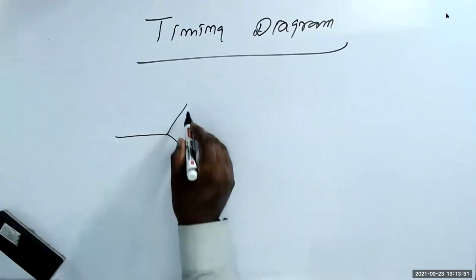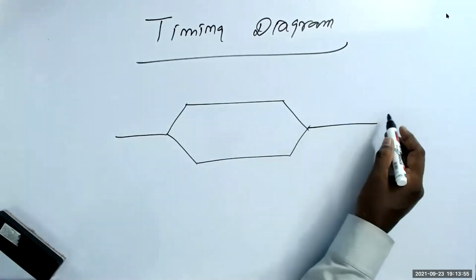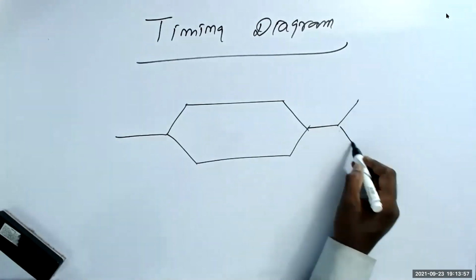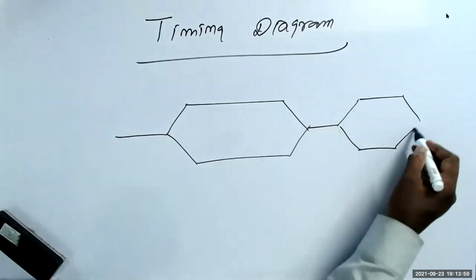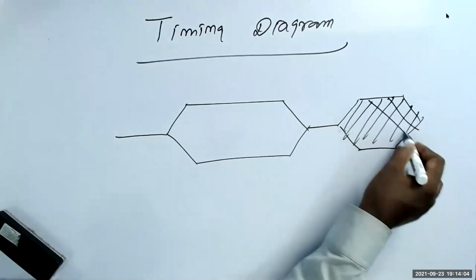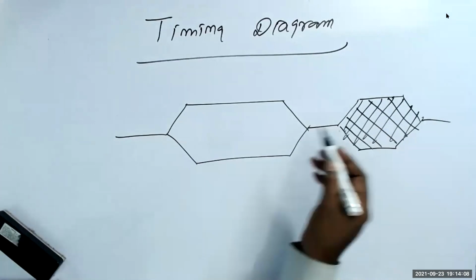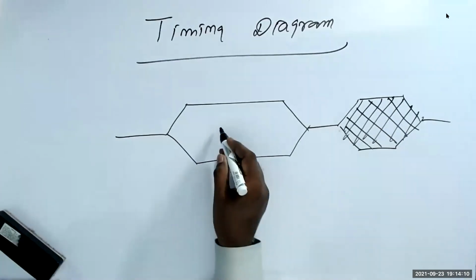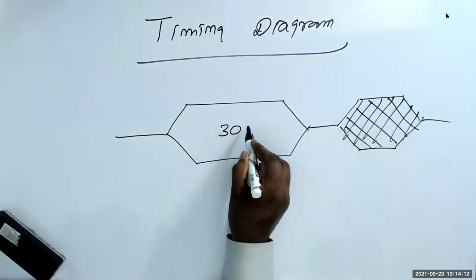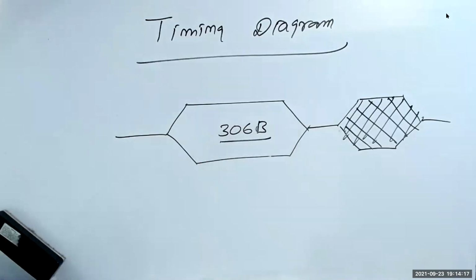The 5th one, they will write like this. Understand? There will be a blank. And they also write a number here, 306B. You may not understand what this is. Nothing.